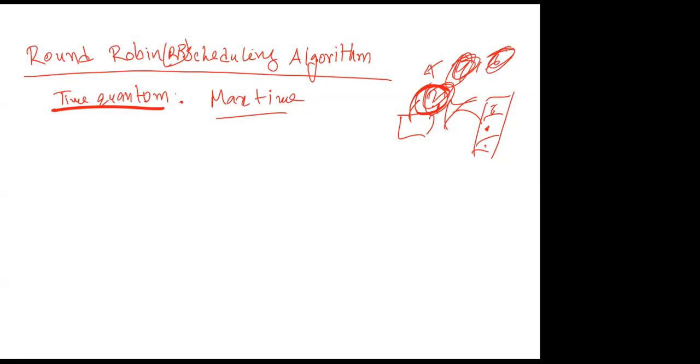Once your operating system schedules a process to the CPU, it runs for at most the maximum time, like 2. If you set this time quantum to 2, it will run for 2 time units, then it will get preempted.